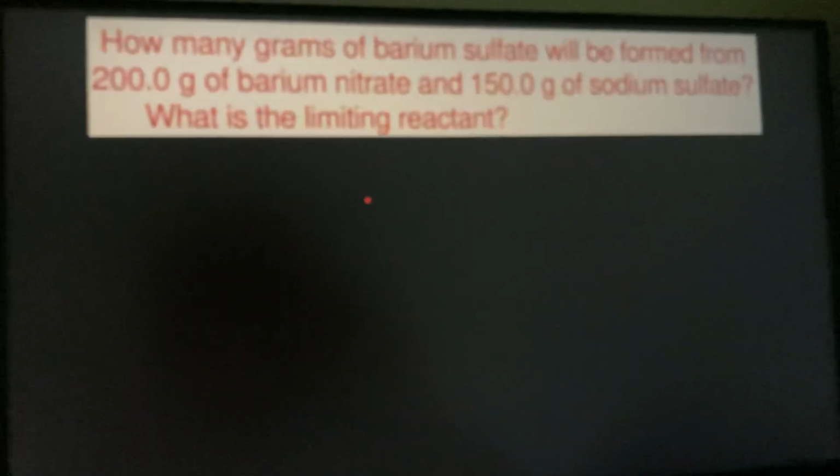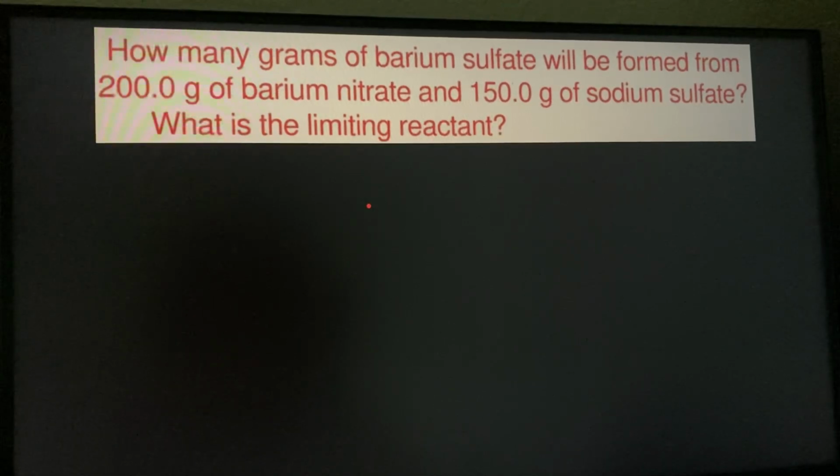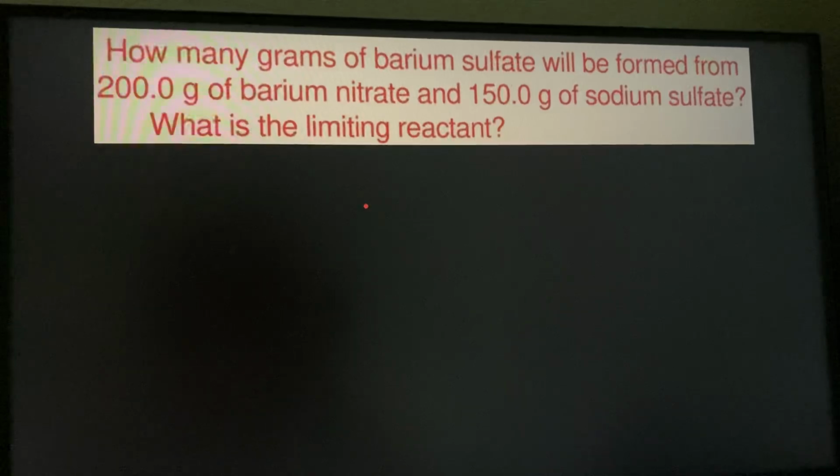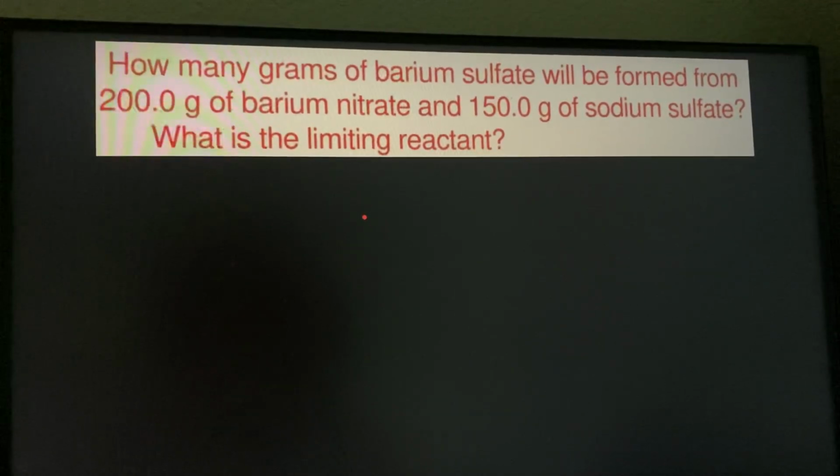Alright, and then number 2: how many grams of barium sulfate will be formed from 200 grams of barium nitrate and 150 grams of sodium sulfate? What is the limiting reactant?